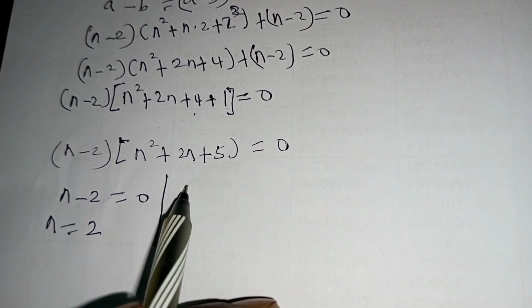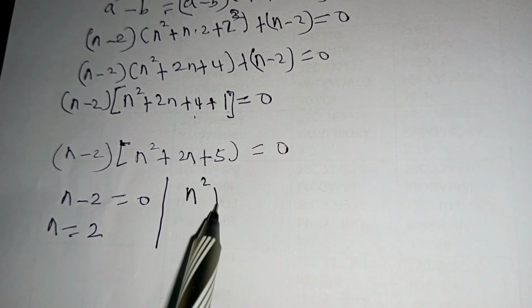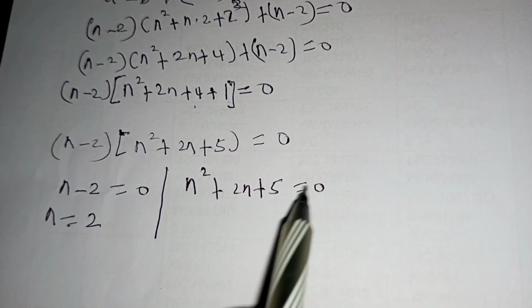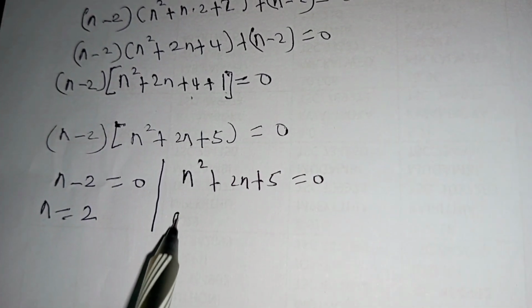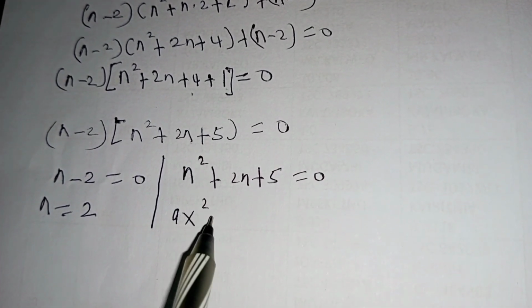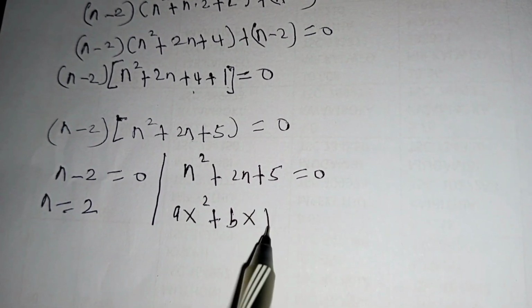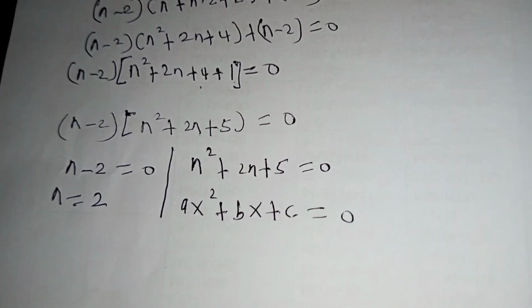The other solution comes from n squared plus 2n plus 5 equal to 0. And this is a quadratic equation of the form ax squared plus bx plus c is equal to 0.